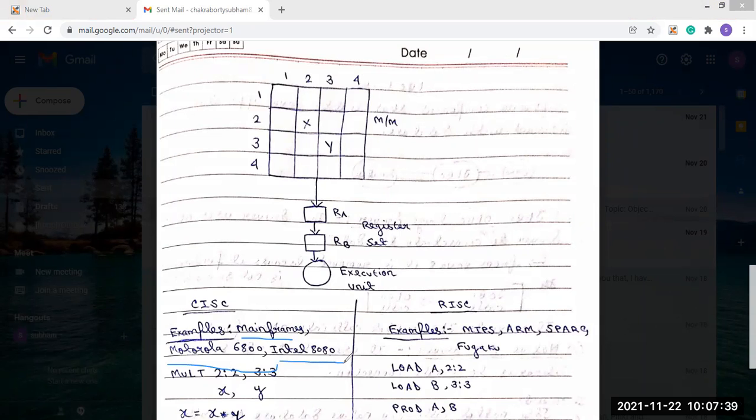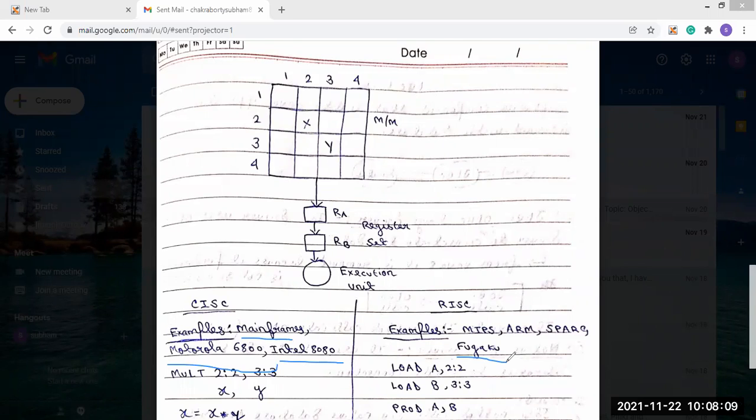They use the CISC instruction format. For RISC, the examples are MIPS, ARM, SPARC and Fugaku. Fugaku is an example from 2020: a supercomputer that uses the reduced instruction set computer.